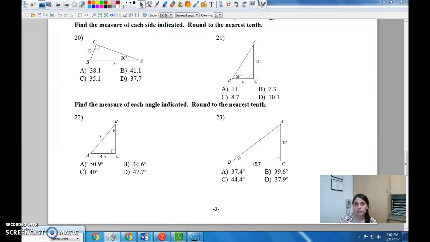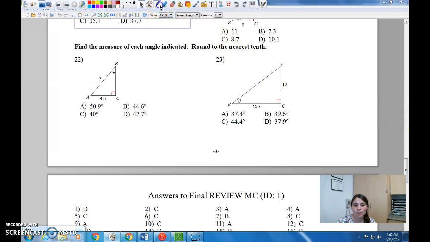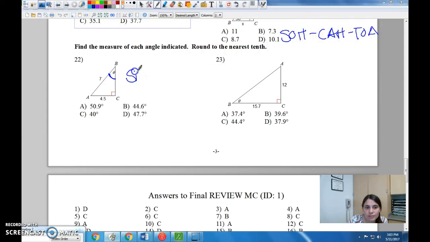So these last two for this page, we're trying to find missing angles. I'm trying to find this angle B right here, which is called theta in this case. I'm going to look at the two sides I know, and I know the opposite side and the hypotenuse. So again, opposite and hypotenuse is sine. So the sine of this angle is equal to the opposite, which is 4.5, over the hypotenuse, which is 7.